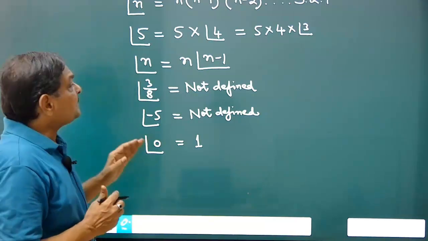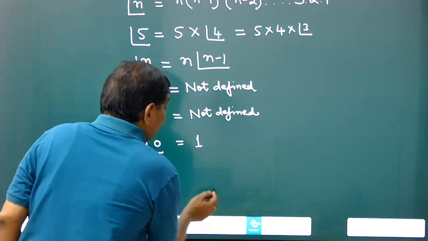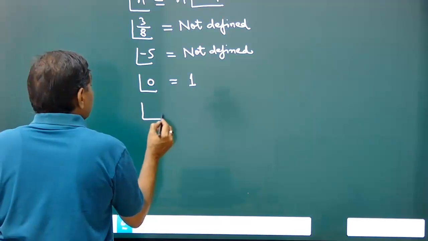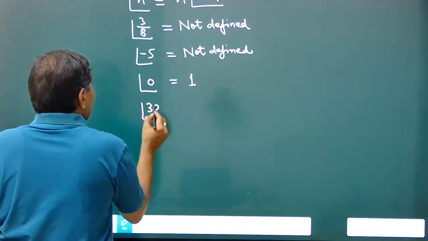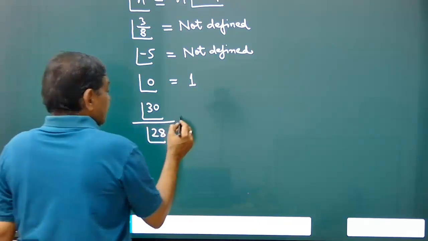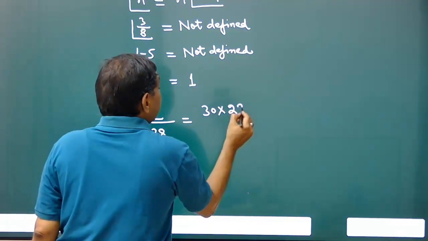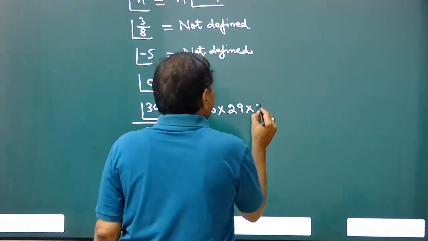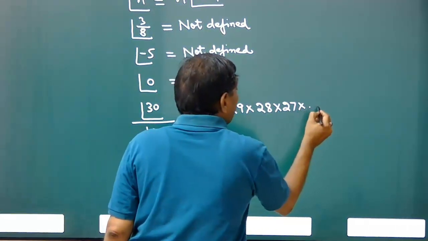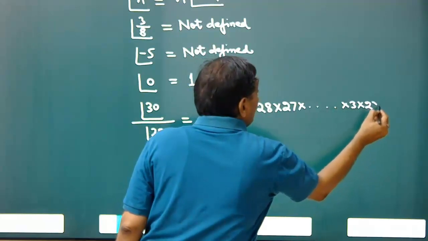Now we can understand the factorial notation by an example. Suppose I am to find factorial 30 upon factorial 28. Then this would mean 30 into 29 into 28 into 27 and so on, multiplication up to 3 into 2 into 1.